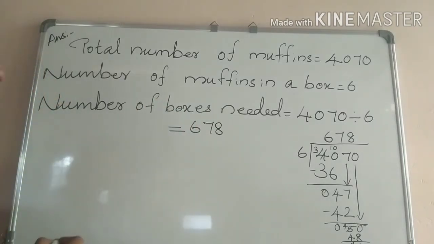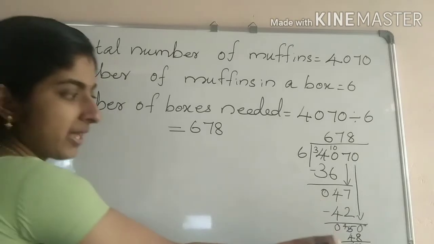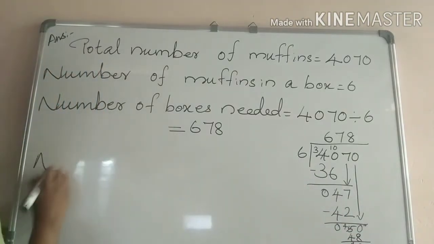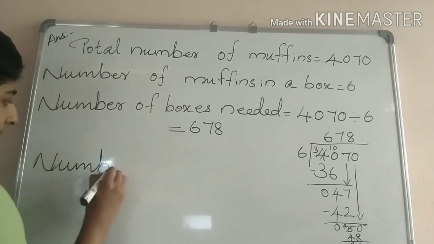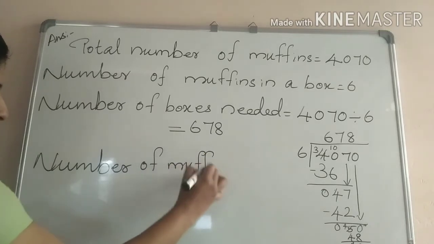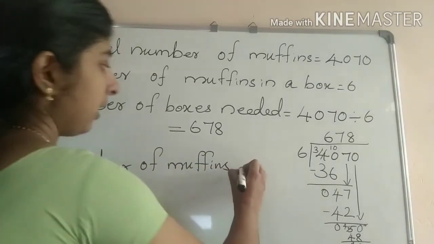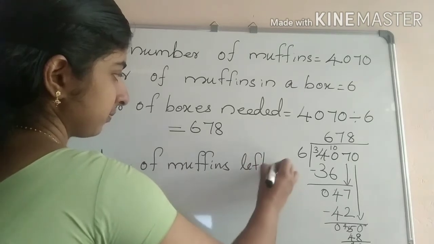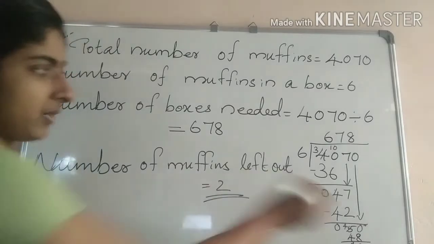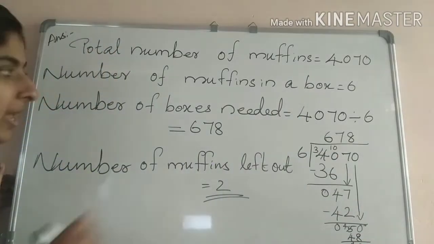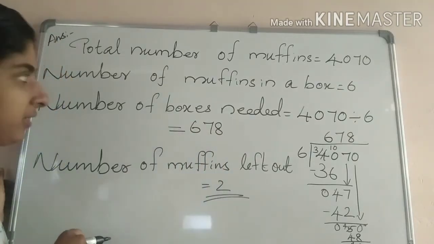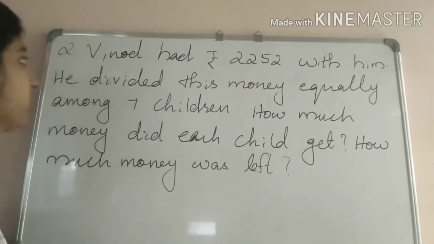The number of muffins left out is 2 muffins. The number of muffins left out is equal to 2. That balance is 2. Okay. How many boxes needed? 678 boxes needed.